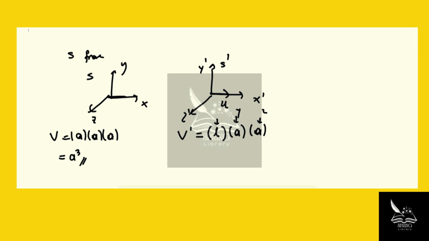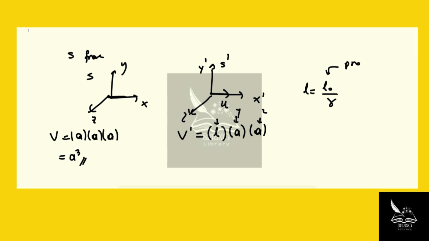How different? Well, we can write down the L equals L naught over gamma equation that gives you the new length in terms of the proper length, right? As it's seen from the S frame.